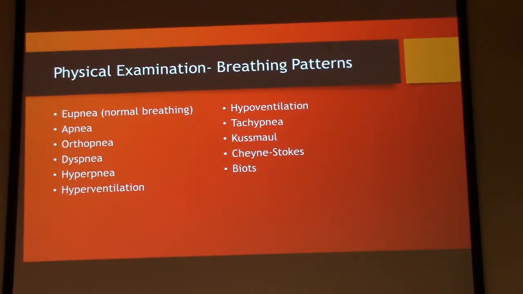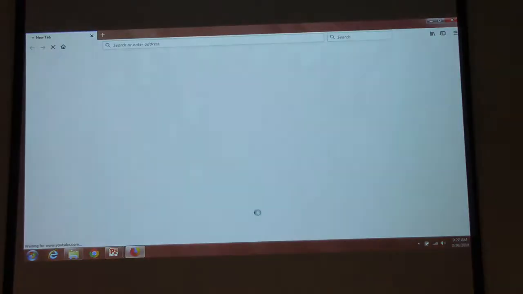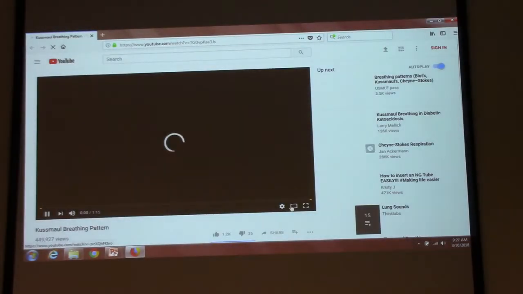So we have many different types of breathing patterns, and we're going to take a look at some of these here. Kussmaul respirations, why I'm pulling this up. Kussmaul respirations is something we see with metabolic acidosis, diabetic ketoacidosis, those that are in renal failure.